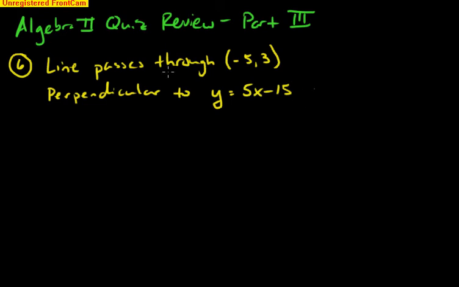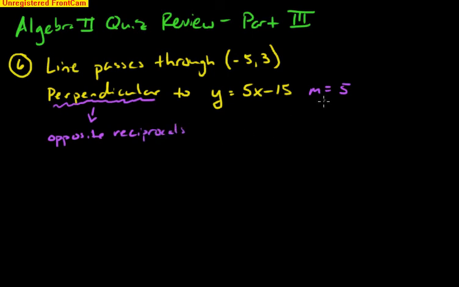This equation gives us a slope of 5. However, this word perpendicular should mean something to you. This word perpendicular should mean opposite reciprocals. The slopes are opposite reciprocals.